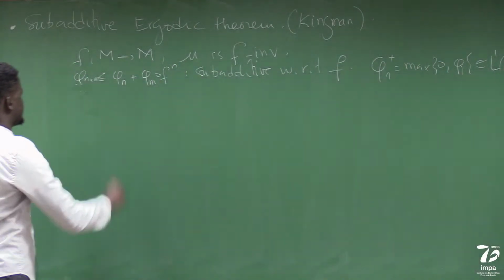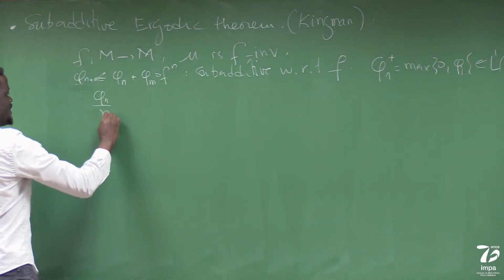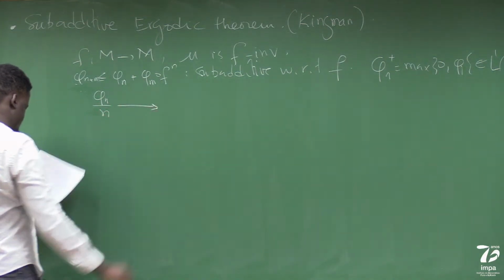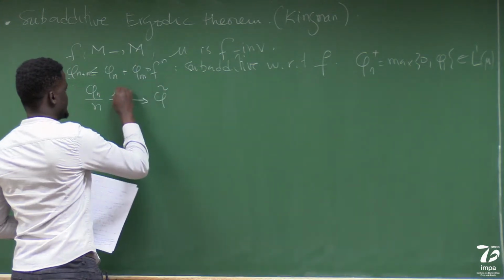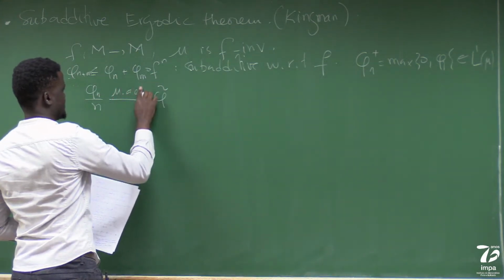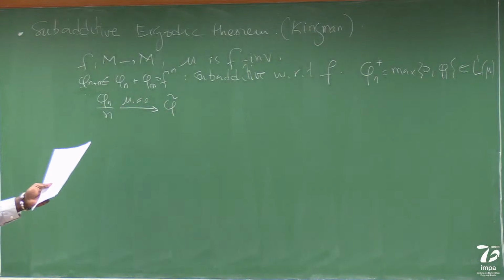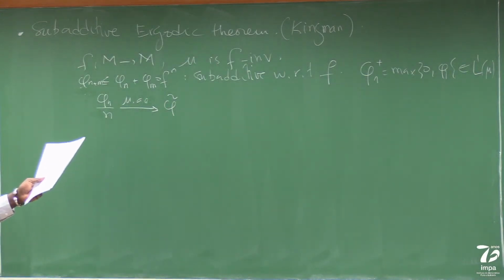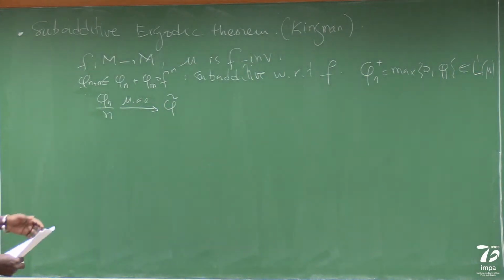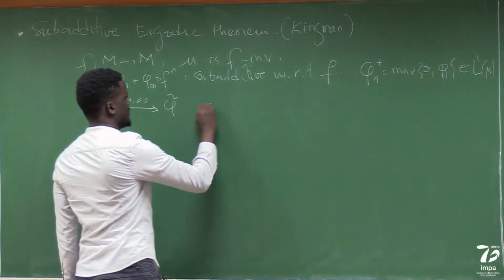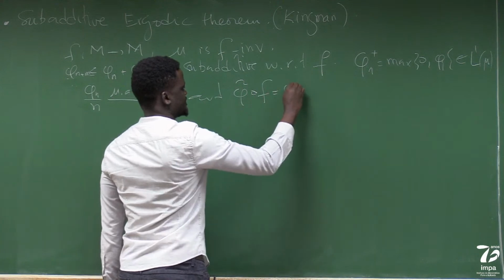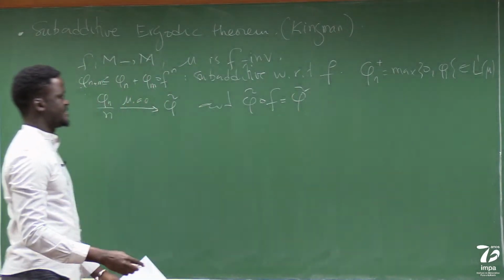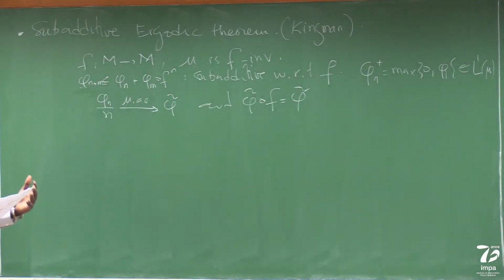So if you have this, the theorem tells you that phi n over n is converging to phi tilde, mu almost everywhere. And phi tilde here is invariant by the dynamics: phi tilde composed with f equals phi tilde, meaning phi tilde is also a fixed point of the Koopman operator.